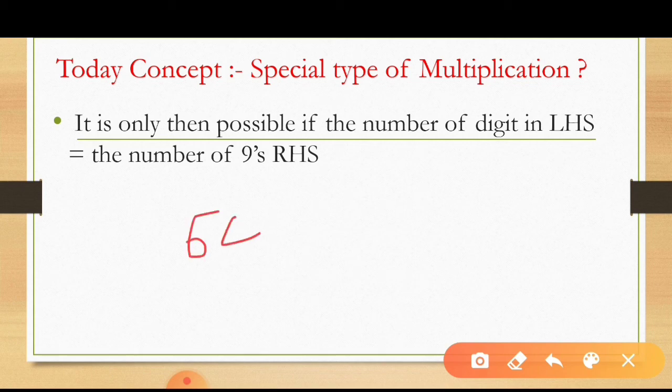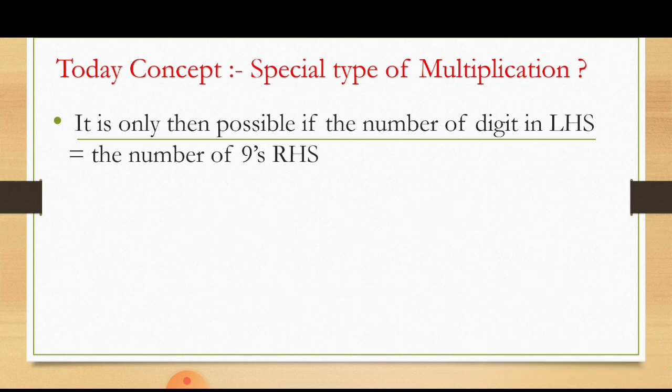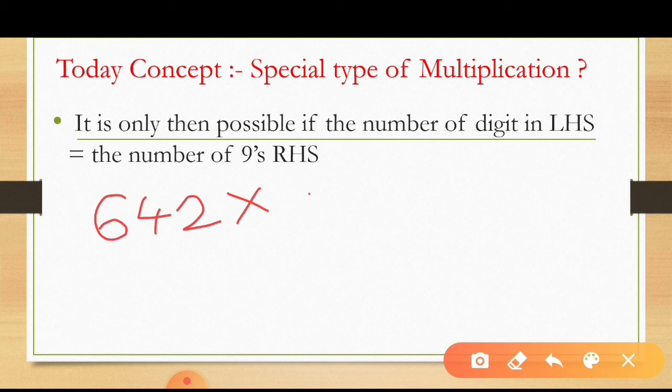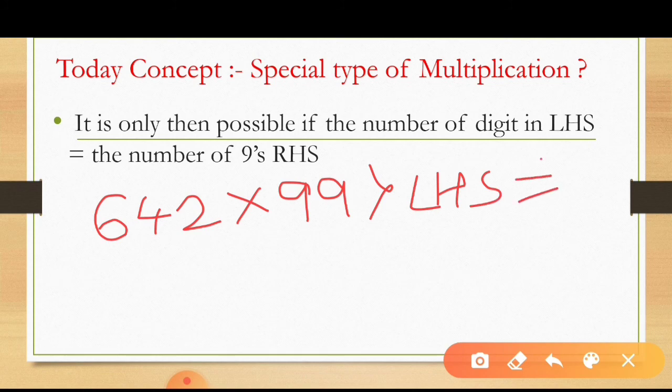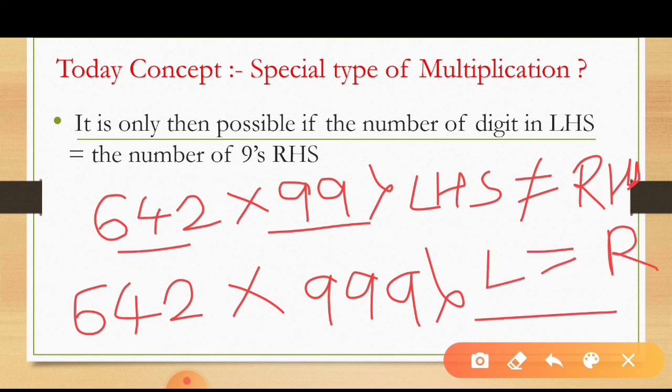For example, 642 into 9. This kind of sum is called LHS not equal to RHS. When the number of digits on both sides is equal, like 642 into 999, this kind of sum is called an LHS equals to RHS sum.